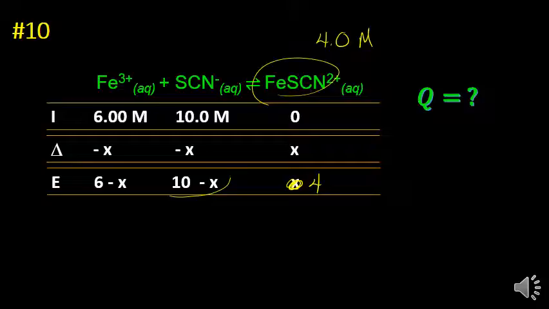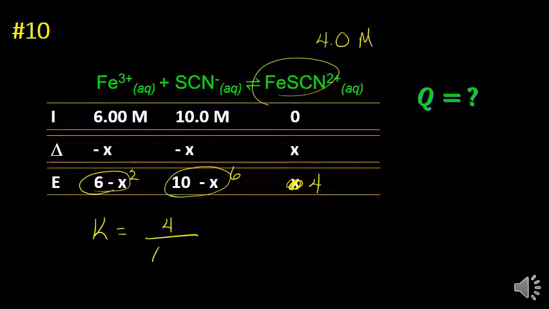So what does this become? 6. And then what does this become? 2. So now K is going to equal 4 divided by 6 times 2.